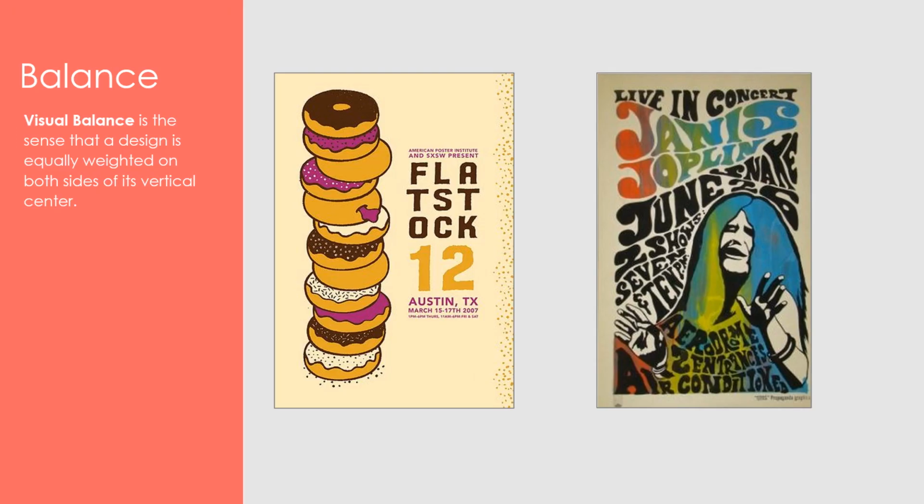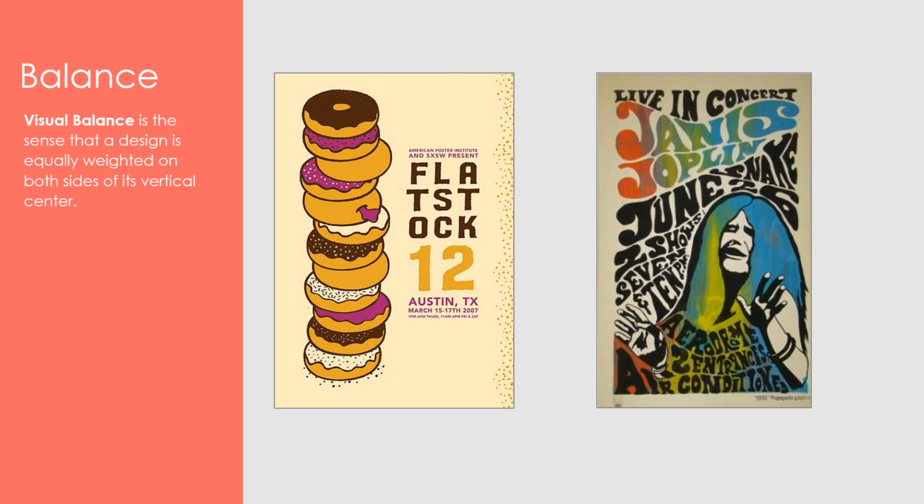Okay, so here are a couple examples. The poster on the left with the donuts, right? If you didn't have the text, that would look a lot like the example I just showed you of my houses, where it would be very off balance. However, the information on the right side of that poster is stacked and spaced in such a way that it's taking up about the same amount of visual space as the image of the donuts.